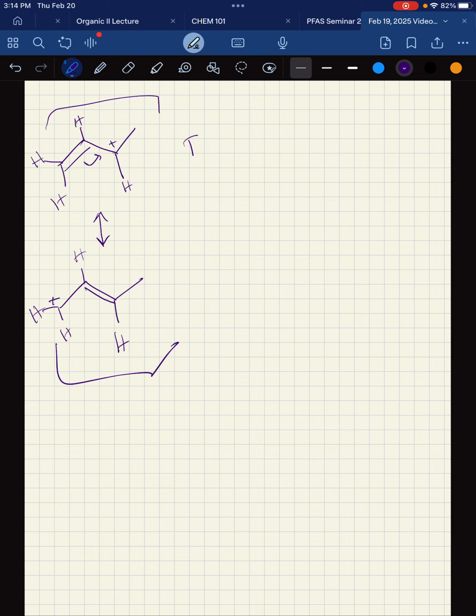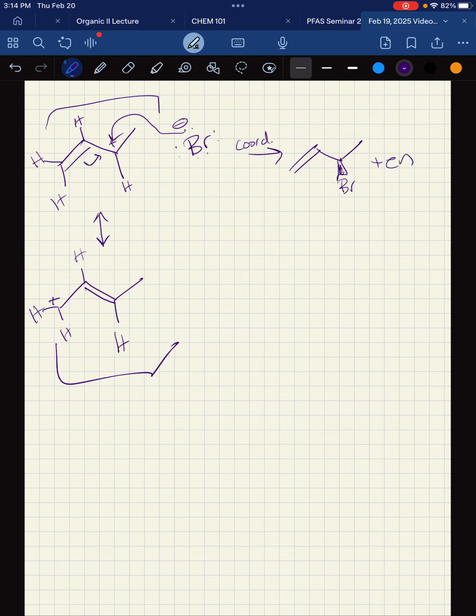Okay, so if the bromine attacks here, then the product, so this would be the coordination step, would be this.